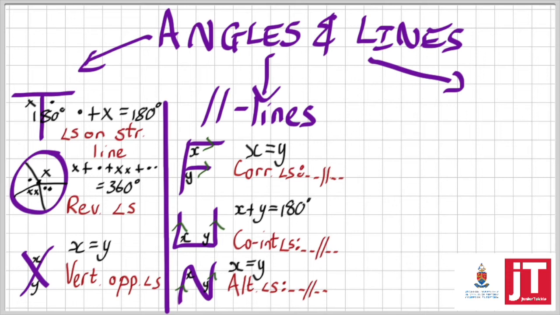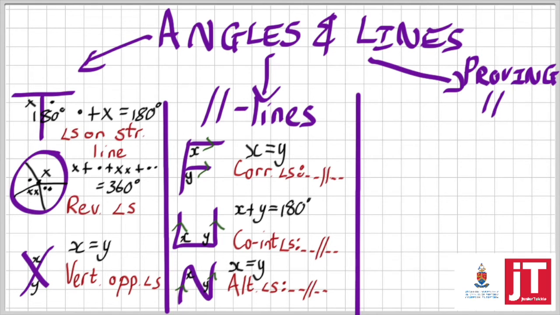Be warned. Let's look at the last bit of this video, which is a bit weird but really important. If I want to prove parallel lines, so in other words, they ask you in the exam, prove that AB is parallel to CD. How do I do that?